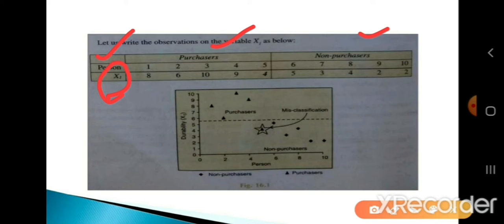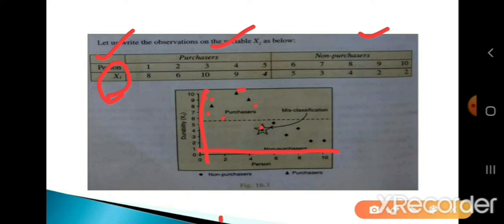We will plot durability against purchaser and non-purchaser. For purchasers, the points are: for 1 it is 8, for 2 it is 6, for 3 it is 10, for 4 it is 9, but for 5 it is 4.